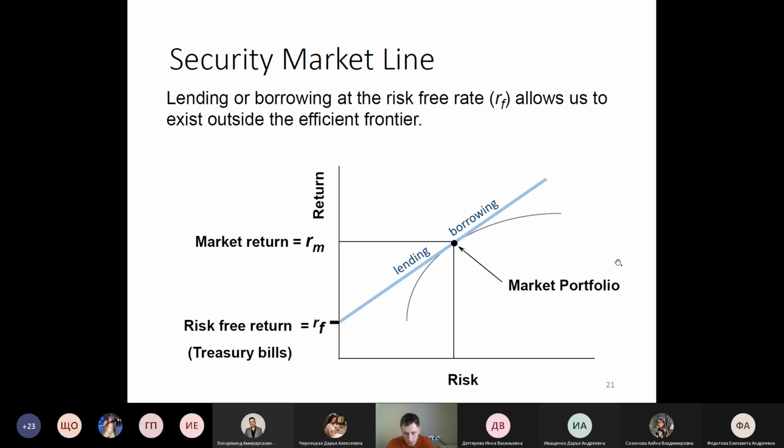By this set of combinations, we achieve better results, and all those results are plotted along the straight blue line, which is called the security market line.